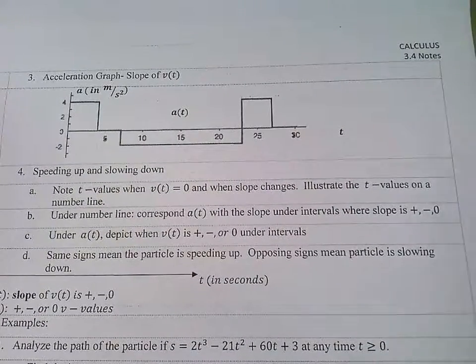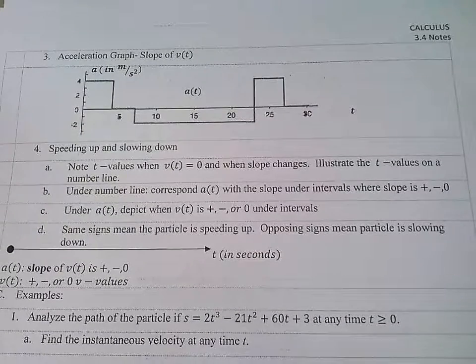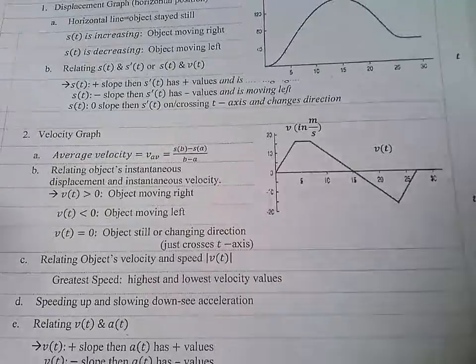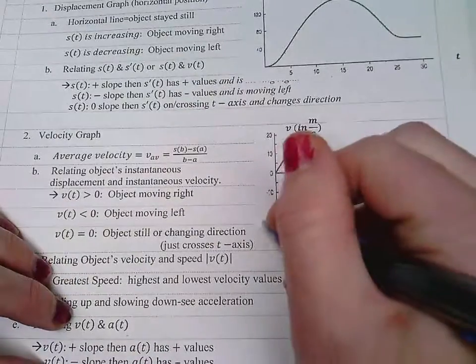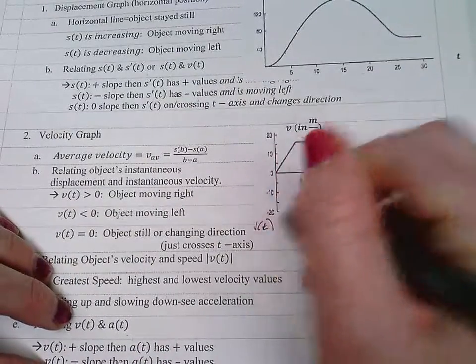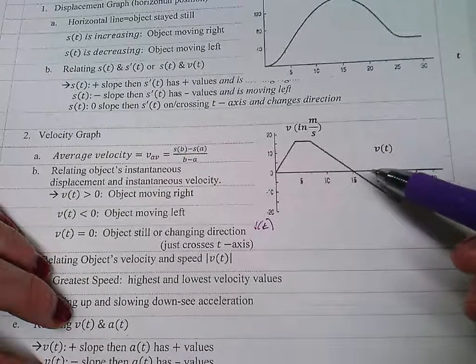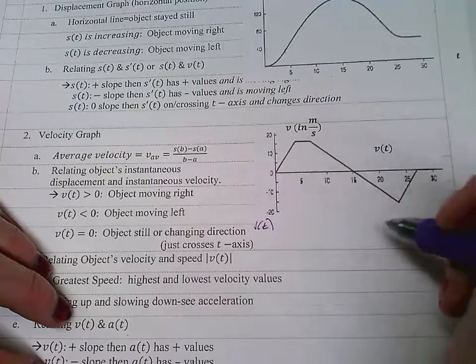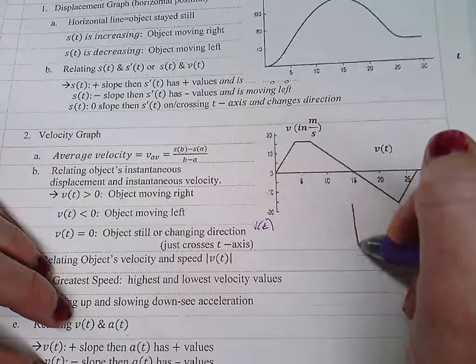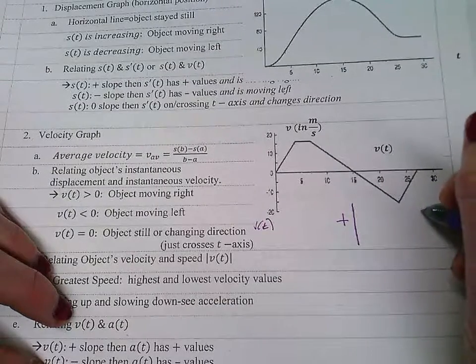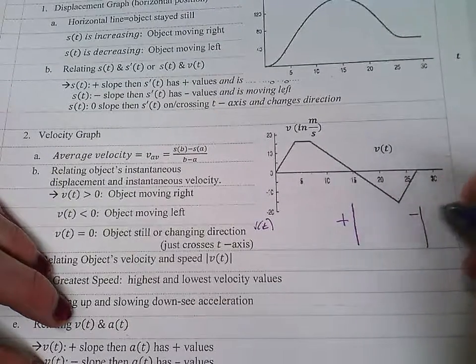Okay, so we will do an example such as that. If you could see this really quick, you've got your velocity graph here. I'll just do it really fast right here. So you have velocity. From 0 to 15, velocity is positive. That's positive velocity. And then from 15 to about 29, it's negative, and then it's 0.